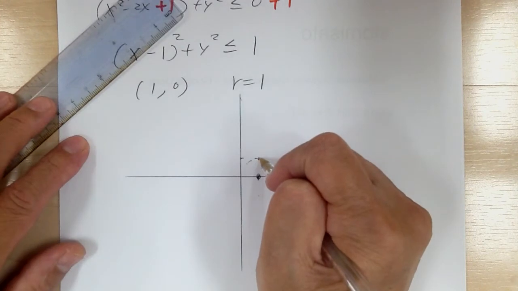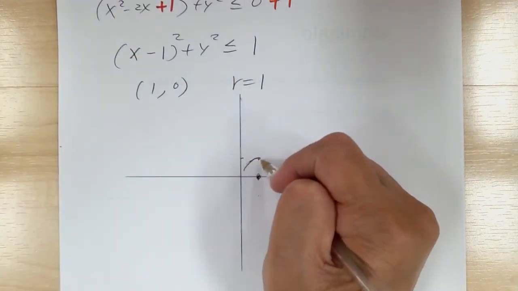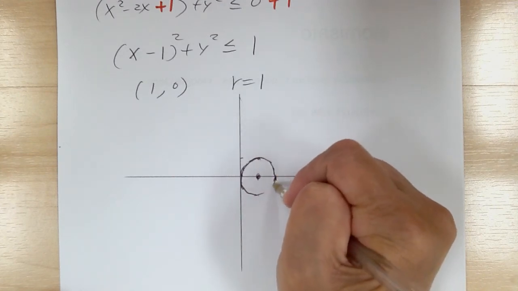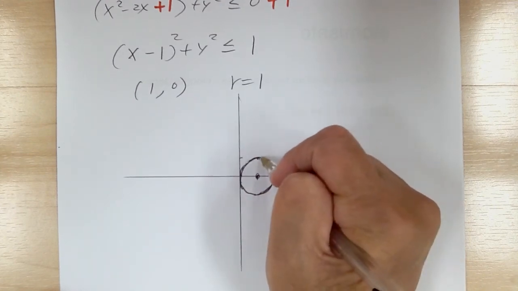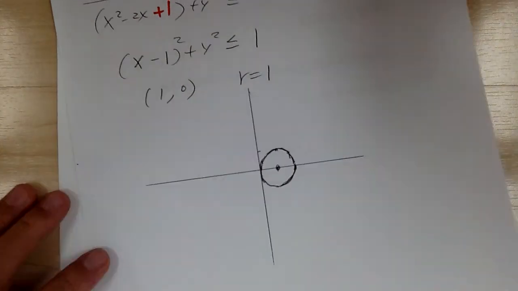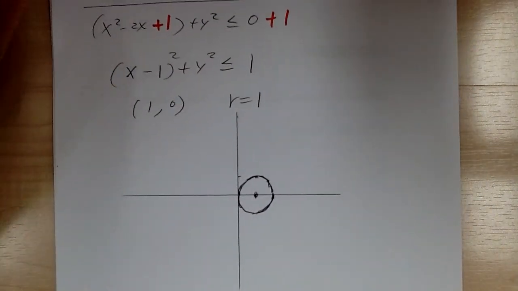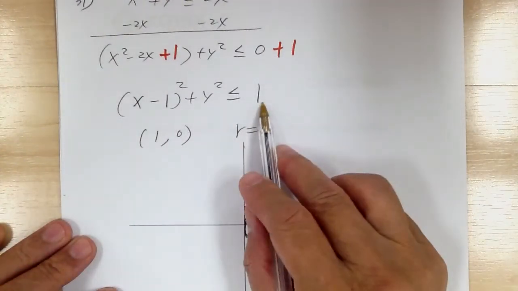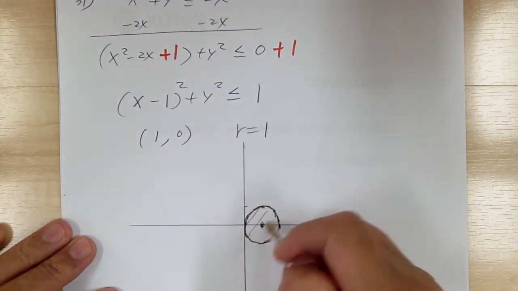And this is a solid, right? This is equal, so it'd be a solid circle. Now, you can think of it, the point is less than the radius, so it means it has to be the inside.